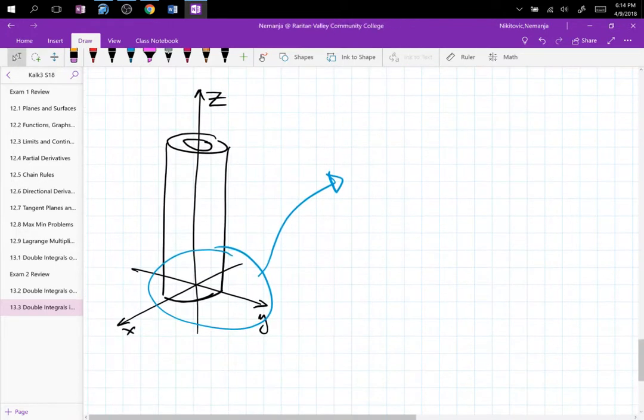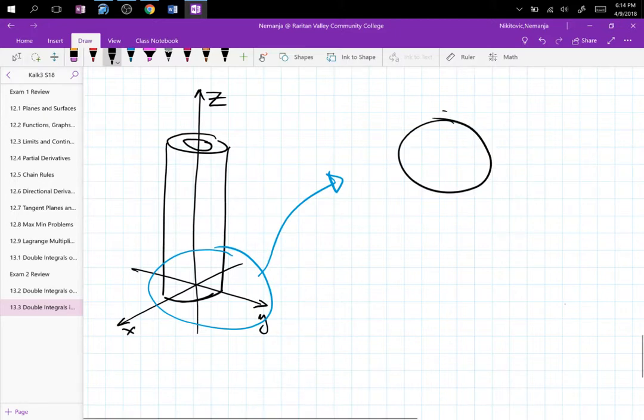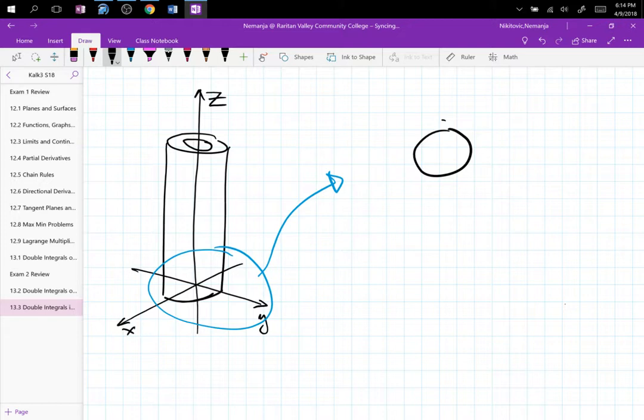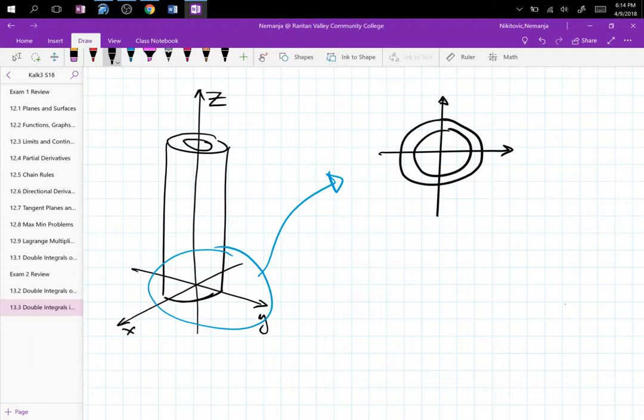All right. So what does this domain look like? Two concentric circles in the XY plane.